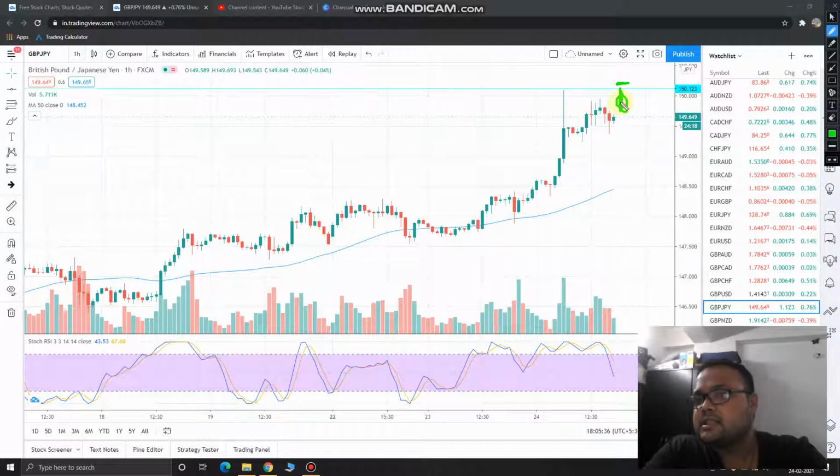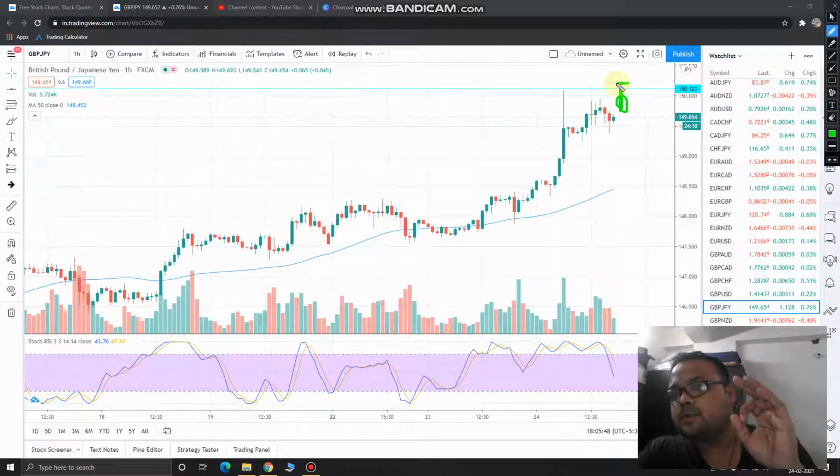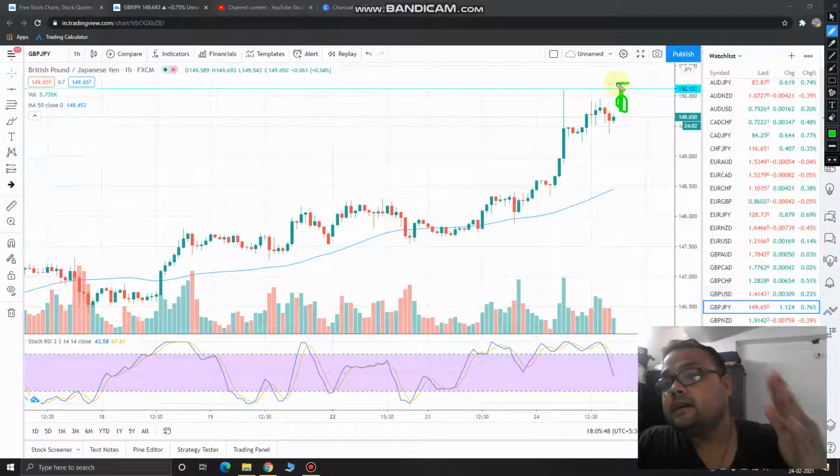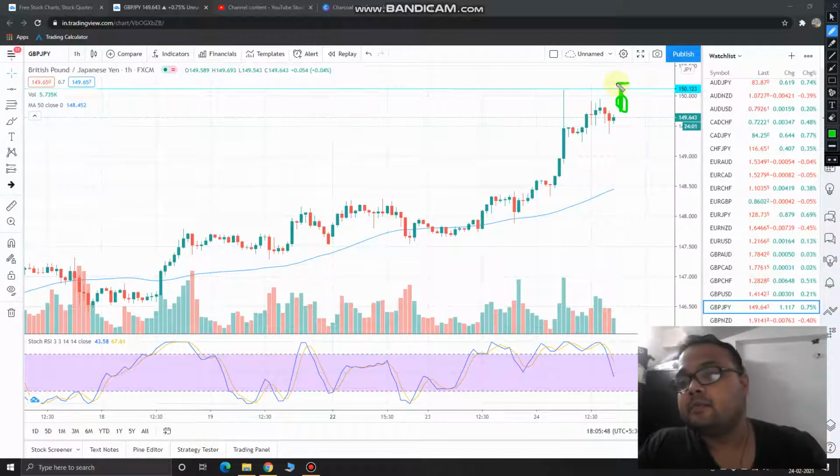If market successfully crosses this particular resistance and stays above this particular resistance for say 1 hour, okay, then only we will consider that this level has become the valid support.